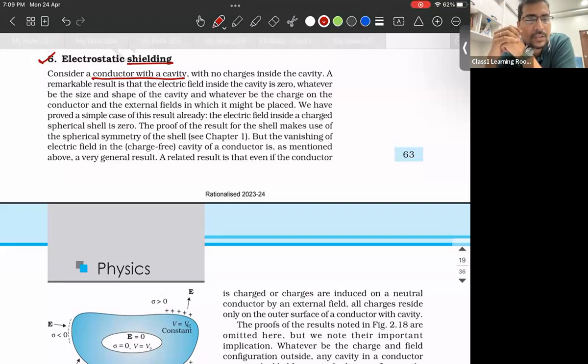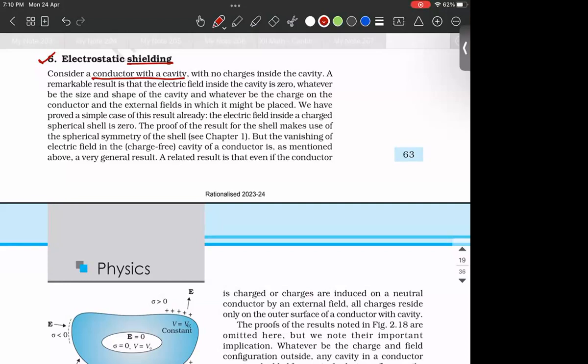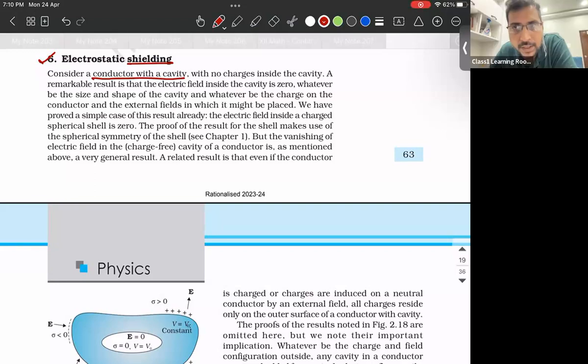The reason is that electrostatic shielding is applicable there. So electrostatic shielding means the conductor acts as a protection against outside charges entering the system.